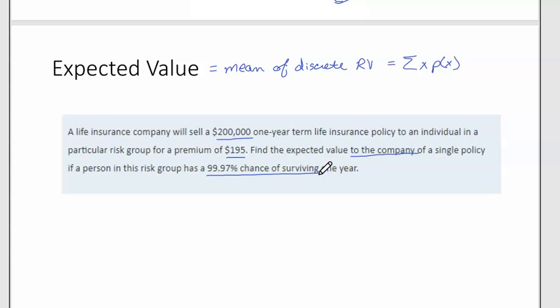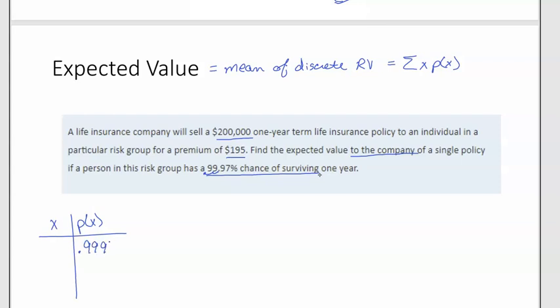So we're going to create a probability distribution table, X and then P of X. We're thinking about what the company is going to gain or lose. There is a 99.97% chance that they're not going to have to pay out. They're just going to get the money from the person paying the policy. So we're going to turn this into a decimal by moving the decimal 2 places to the left.